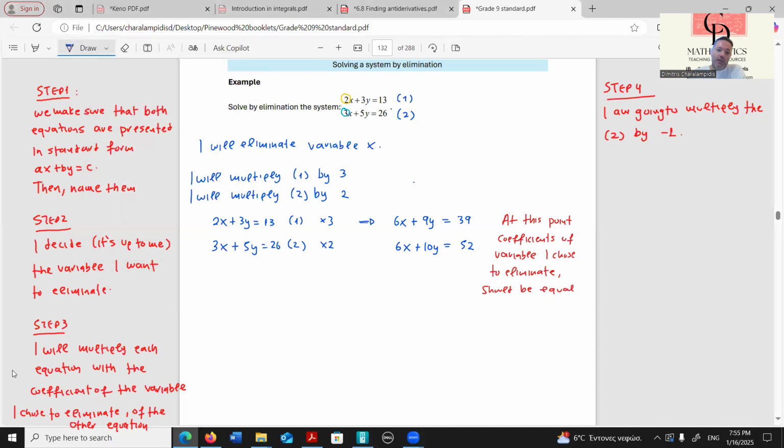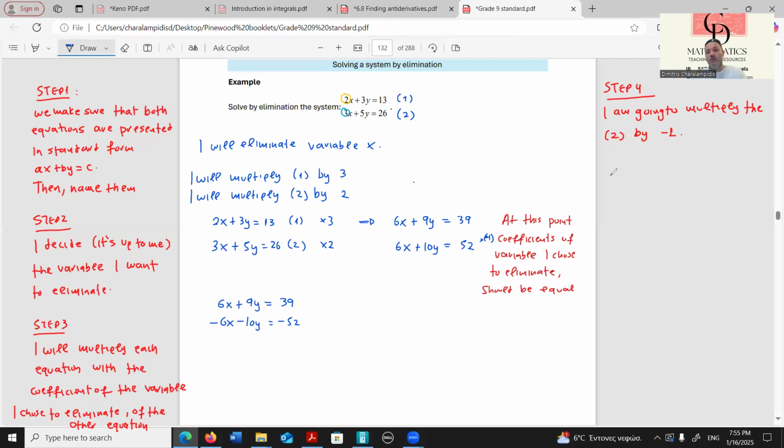So I'm going to keep the first one as it was, 6x plus 9y equals 39. And the second one should be multiplied by -1. Let's write that here. So 6x times -1 should be -6x. 10y times -1 should be minus 10y. And 52 multiplied by -1 should be -52.